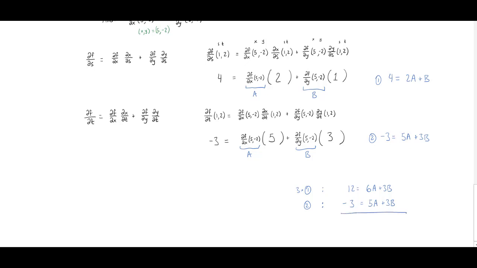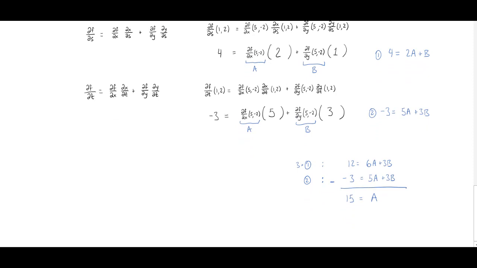So what I'm going to do is subtract these equations. So I'm going to get 12 plus 3 is 15. And then on the right-hand side, you'll get A, after you subtract. So then we solve for A. So that tells me that the partial of f with respect to x at the point 5, negative 2 should be equal to 15. Okay?